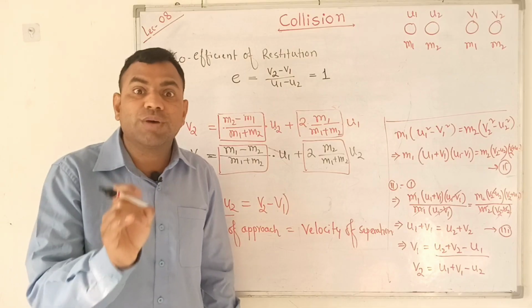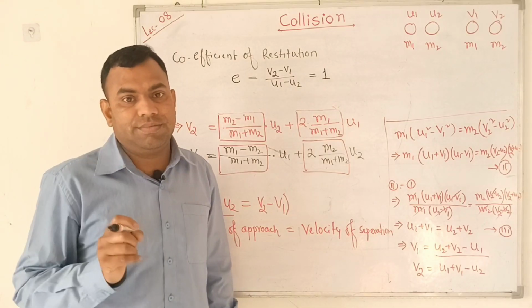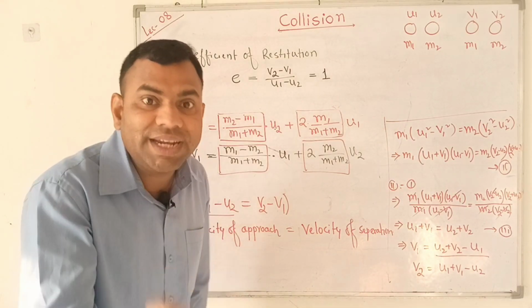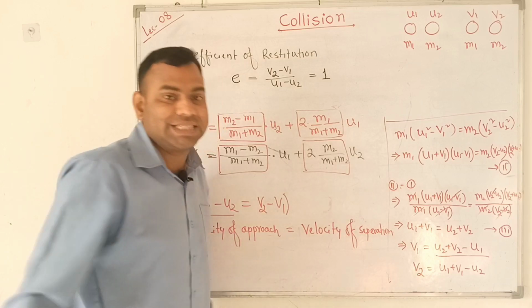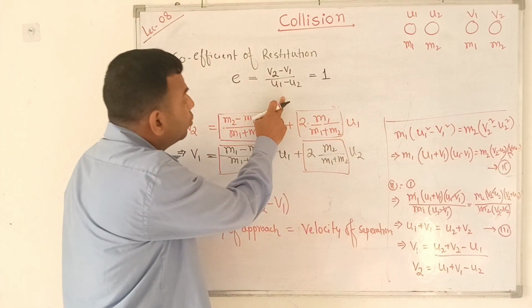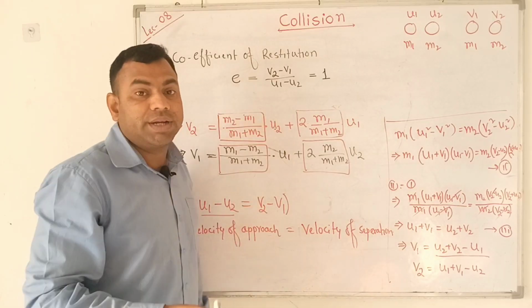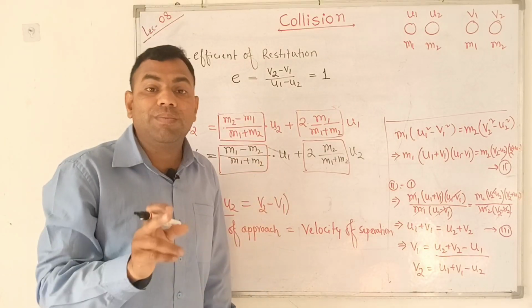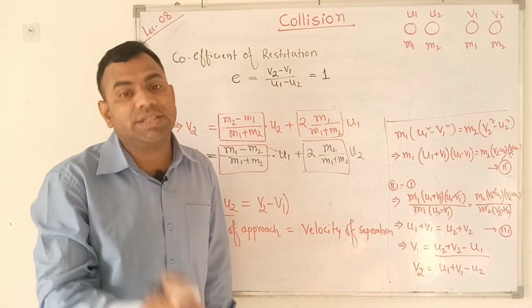And in the case of inelastic collision, since there is a loss of kinetic energy, the relative velocity will be decreased, and the denominator will be more than the numerator, hence the value will be less than 1 but greater than 0.